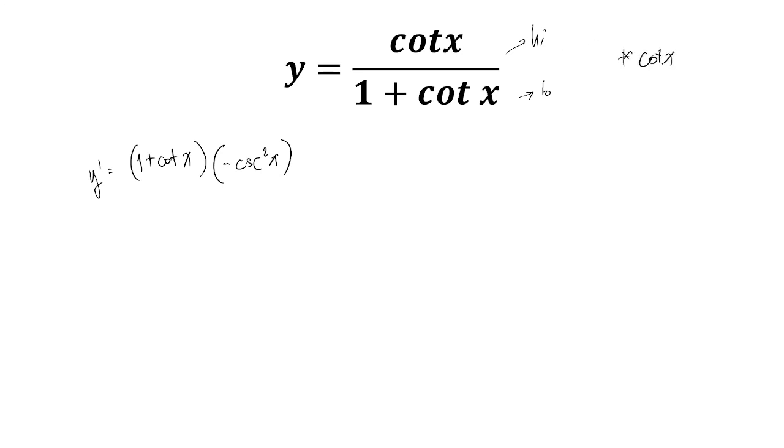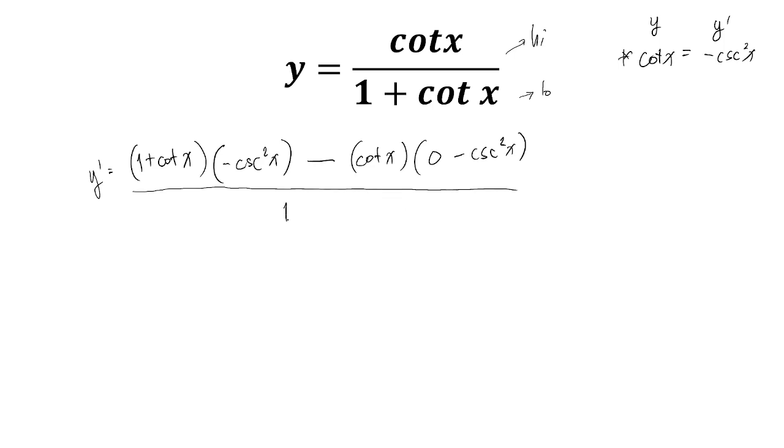Take note that cotangent x, the derivative of that is negative cosecant squared x. So, balikan nyo na lang yung video para mas ma-recall ninyo, class. Minus high cotangent x, derivative ng low. That's 0. Then, minus cosecant squared x all over that's 1 plus cotangent x squared.